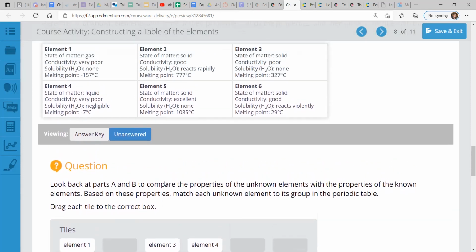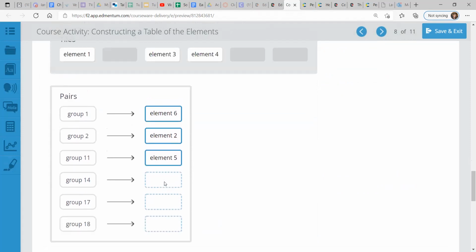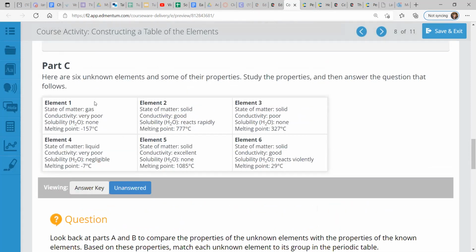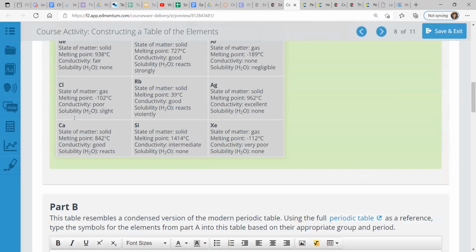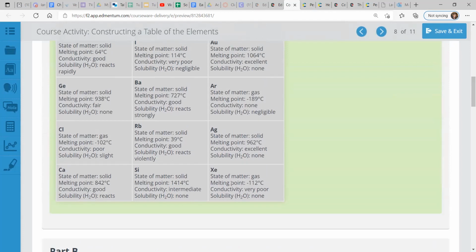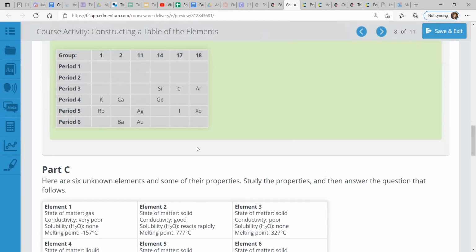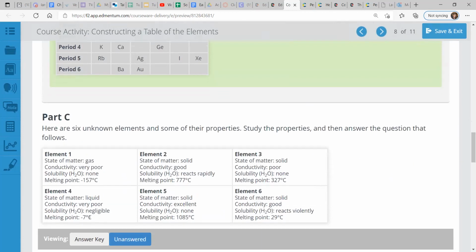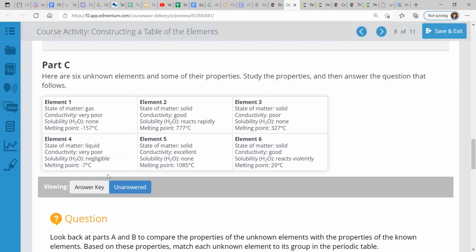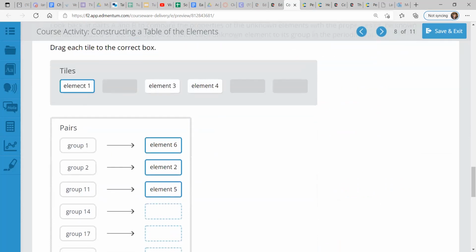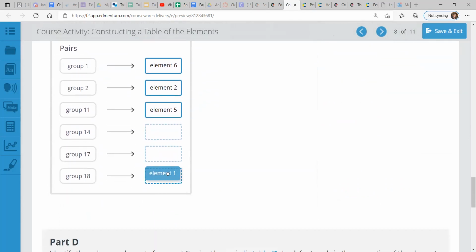And 14, 17, 18. This whole process is you thinking through, okay, so how do these actually match up with the ones up here? The group 18s are gas, right? So these ones are gases, argon, xenon. And then which one of these are gases, right? Element 1. So we'll put that one in 18.